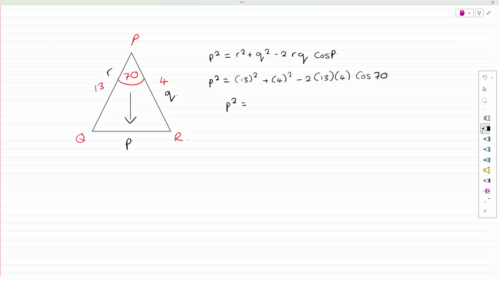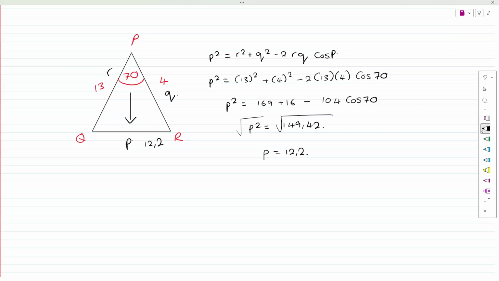If you're putting it into the calculator in one shot, I understand. But don't make silly mistakes with it because it's really easy to make mistakes, including myself. So my answer is P squared equals 149.42. And when I square root both sides, I end up with P equals 12.2.